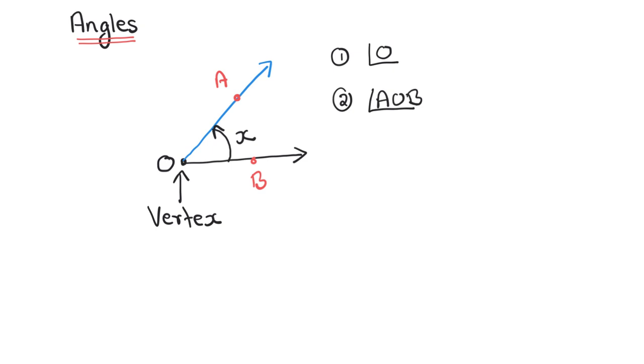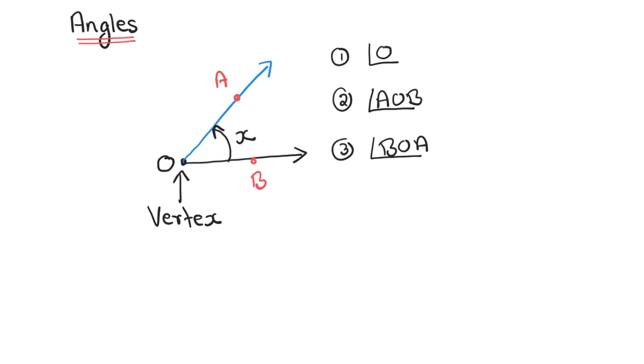Or you can write it as angle BOA. Do you observe something? Wherever you're using 3 letters, the common vertex is always the middle letter. So there are 3 ways of representing an angle.